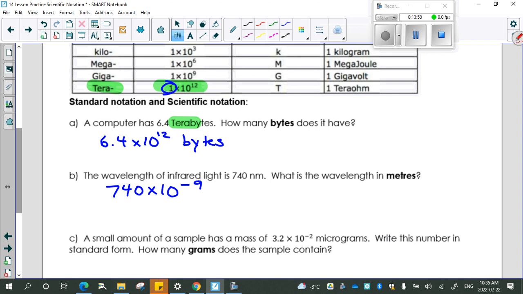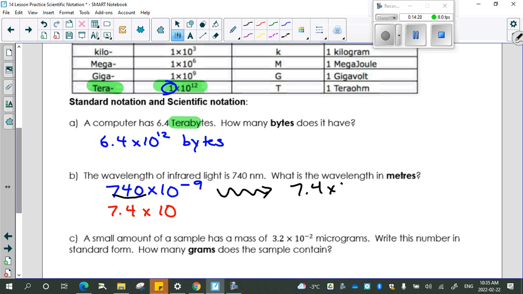For scientific notation, I have to write it as 7.4 times something. So how could I do that? Any ideas? What if I rewrite 740 using scientific notation? What would that be?